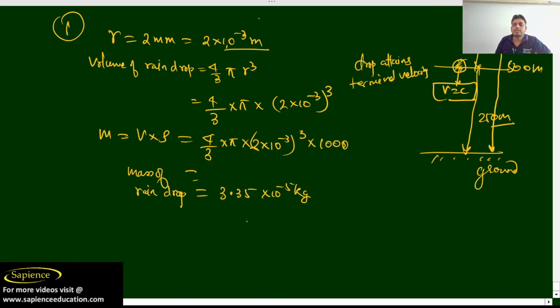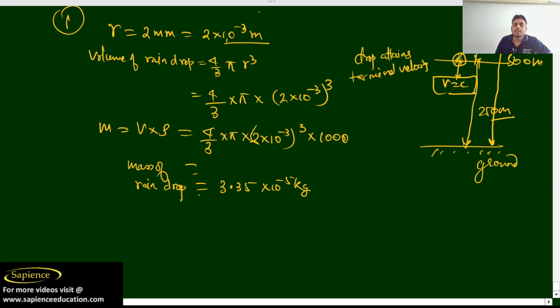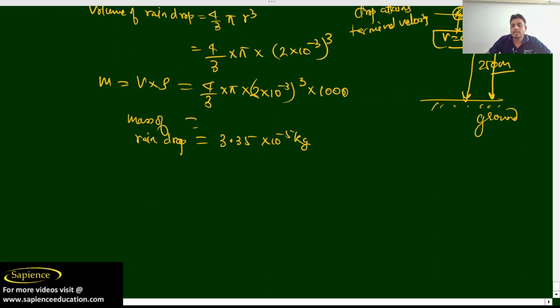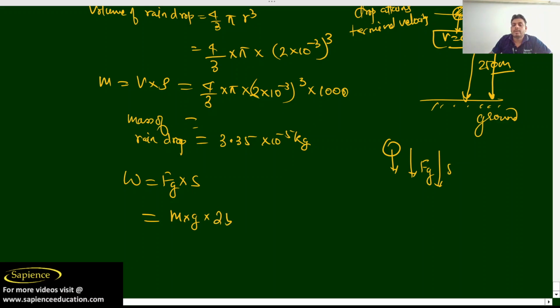Okay, now since the raindrop is falling downward, the force due to gravity is acting downward, and the displacement is also downward. So work done will be equal to force due to gravity into displacement. Force due to gravity is mass of the raindrop into gravity, and the displacement is 250, for each part.